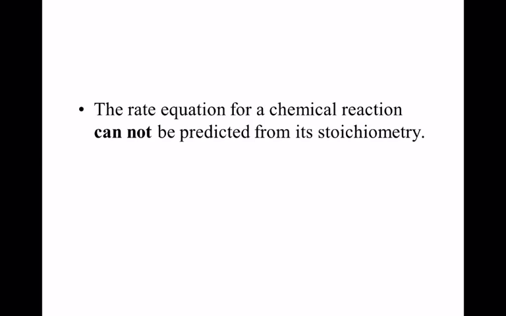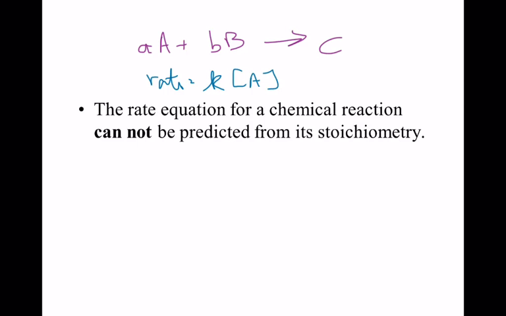Anyway, okay. So the rate equation for a chemical reaction cannot be predicted from its stoichiometry. Do you guys remember, it seemed like just the other day, I put it over here and said if you have A with the stoichiometric coefficient of a reacting with B with the stoichiometric coefficient of b to form C, you can come up with a rate law expression: rate is equal to k times the molar concentration of A raised to its reaction order, and remember we just put a variable m in there, but we found what the m's were, times the molar concentration of B raised to its reaction order, n.